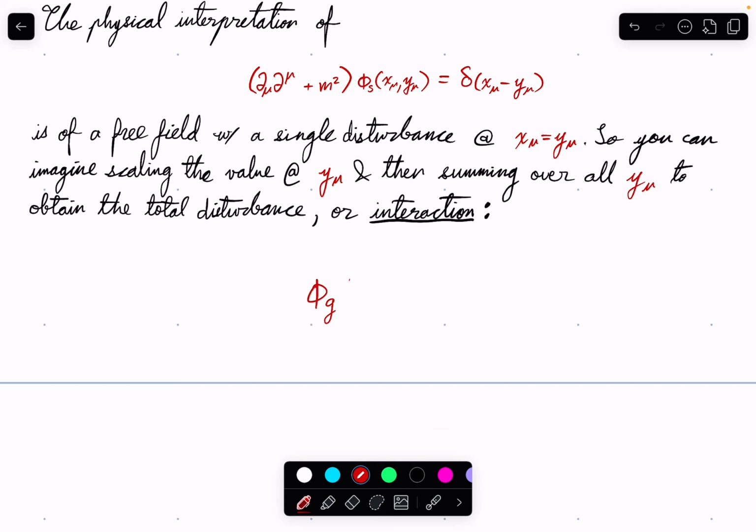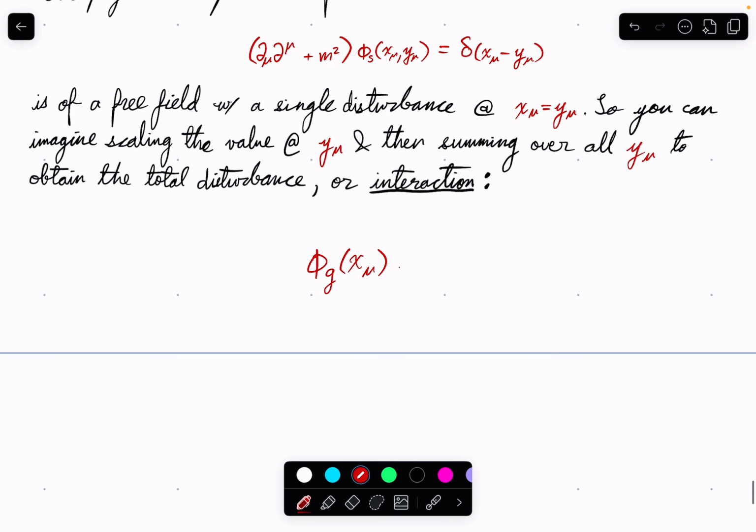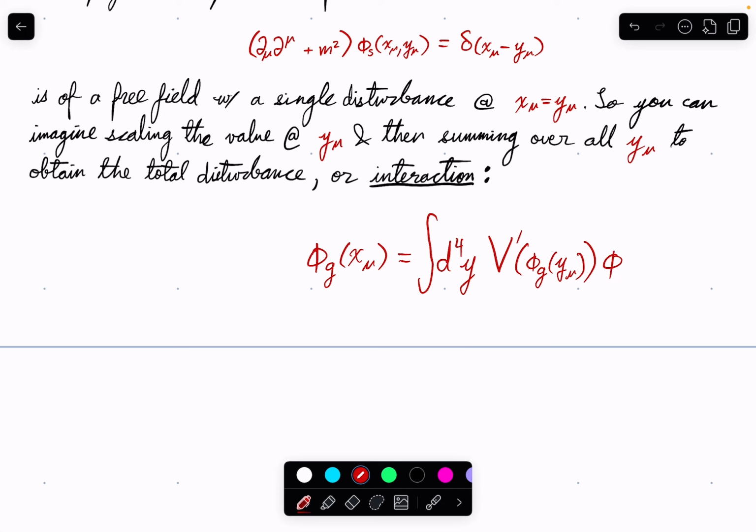So then a general solution that depends only on one position space is the integral over all y, some interaction term, where the interaction term was defined in the last video, times this special function.